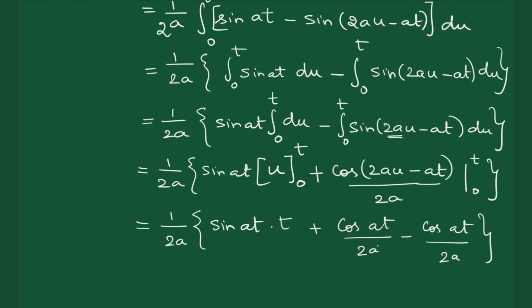Both are the same term with opposite sign, so we can cancel it. Finally we conclude the answer as 1 by 2a into t into sin at. This is the way we use the convolution theorem and convolution functions for solving inverse Laplace transforms.